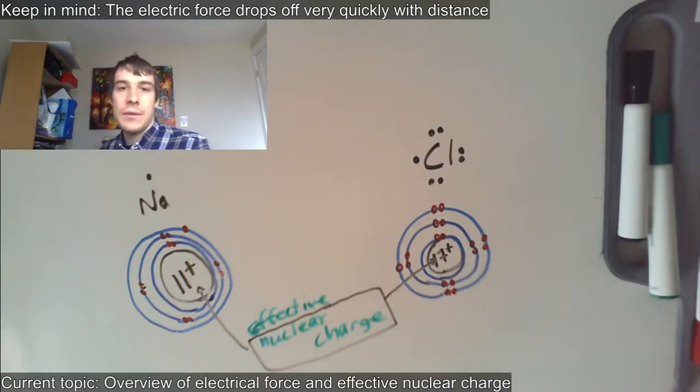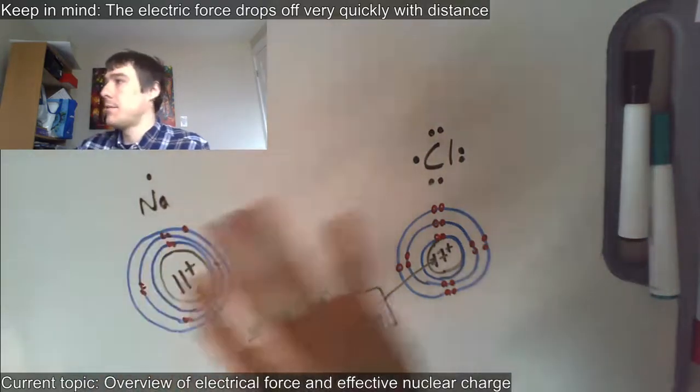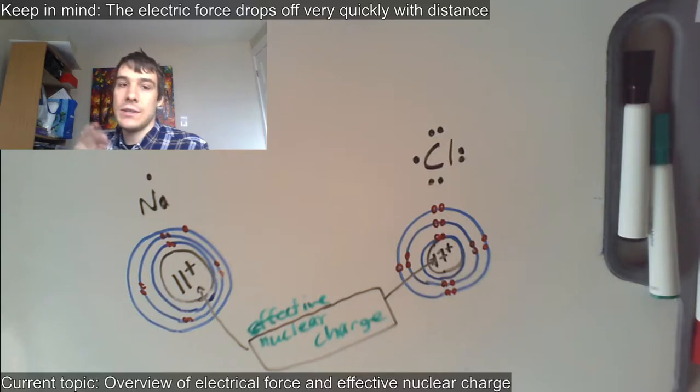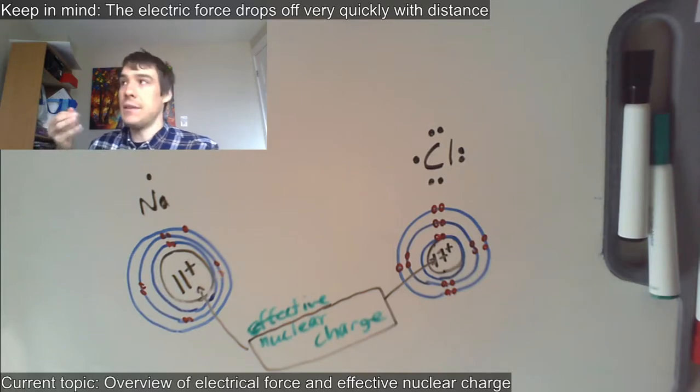So for the nuclear charge to be effective, it has to pull on all of the electrons at once. And the thing to kind of realize is it's not like the charge is divided between each electron. It's like the gravity of our planet, of Earth.